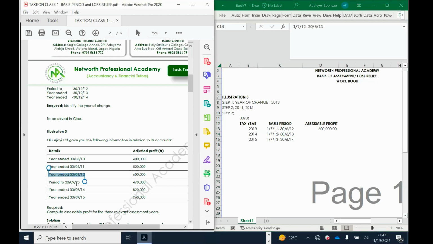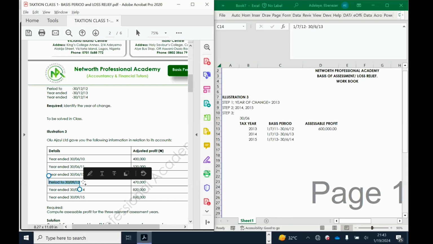But we will now realize that there was a change in this period. So it means that the period we are looking at, 1st of July 2012 to 30 June 2013, started a day after this and ended within this.